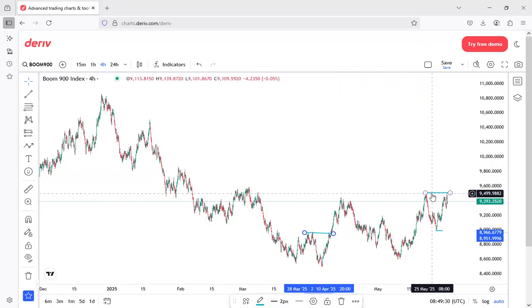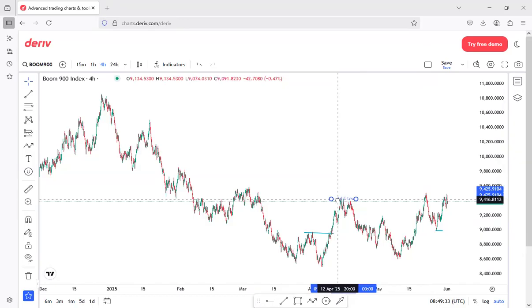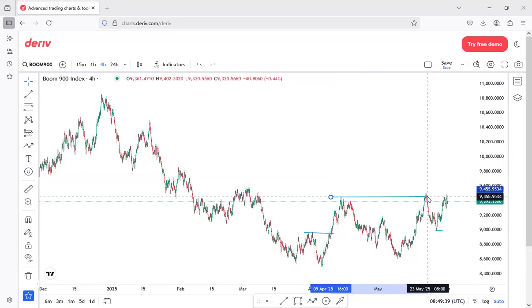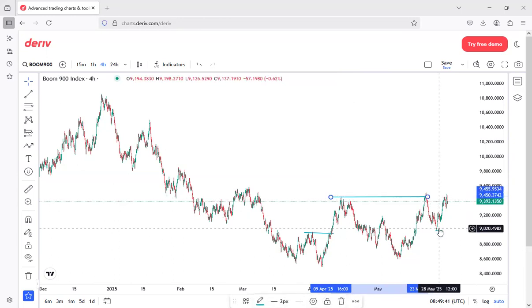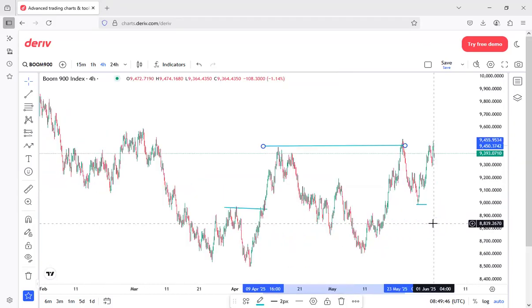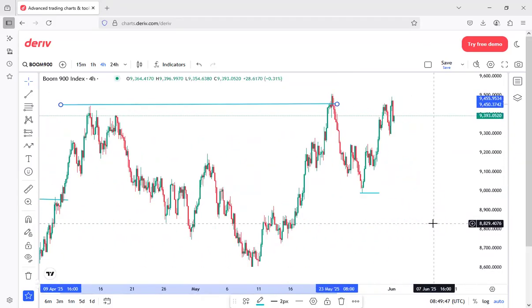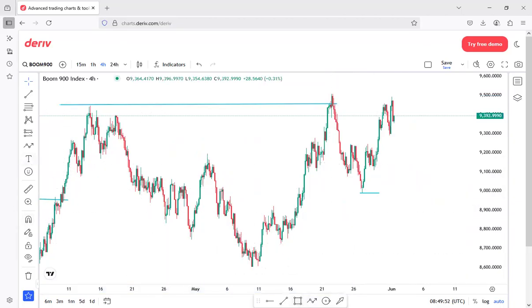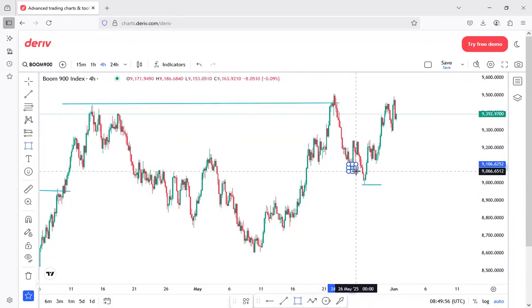If you understand the high, this is the high. Price tries to make a retracement on this particular high. And then this is a first hit down. And then price created a head and shoulders level here. See it. If you don't know how to identify it, this is your left shoulder.